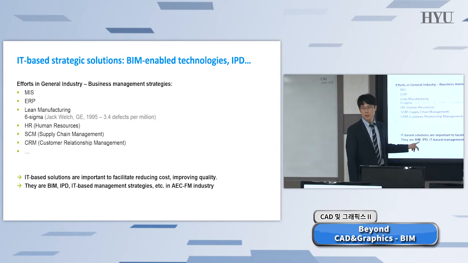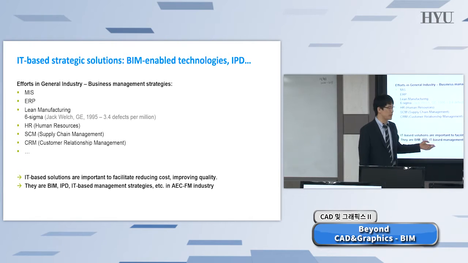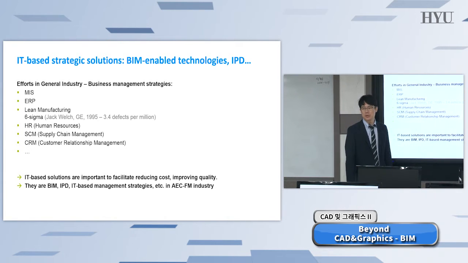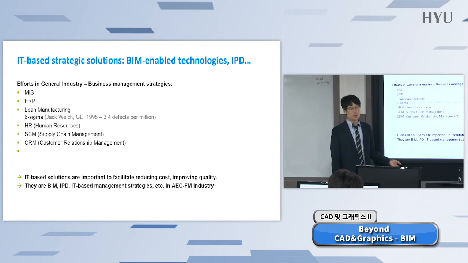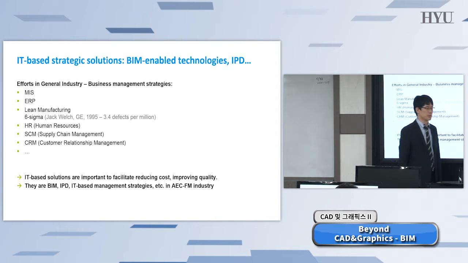So integration means something integrated with design and construction, design and analysis, design and engineering, and so on, okay? Such building information modeling based integration can be supported by IT-based management strategies. In our domain, BIM and IPD or some IT-based design computing technologies are those efforts, okay?